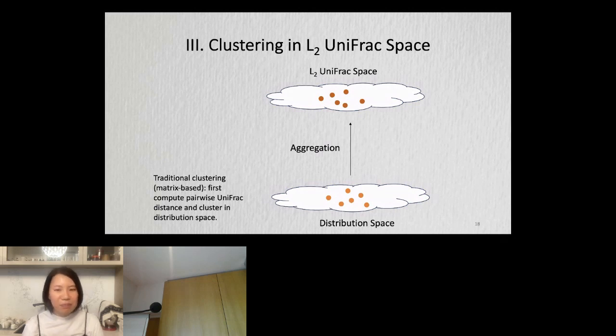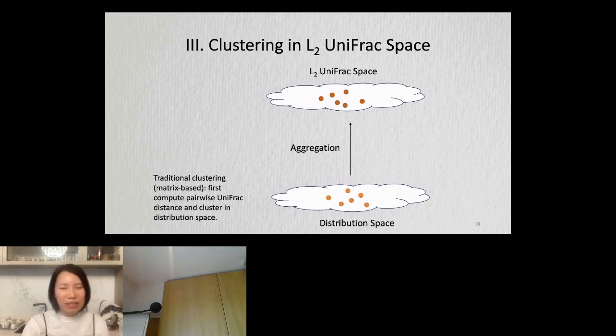In this process, for each sample, aggregation is done n times if we have n samples, because for any pair computation of unifrac, you need to aggregate them.